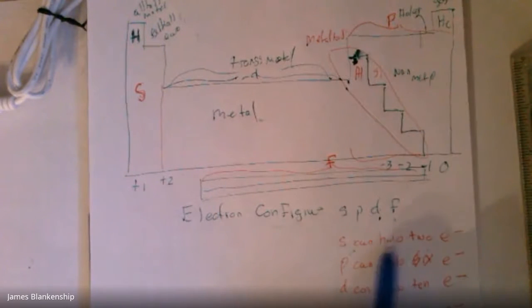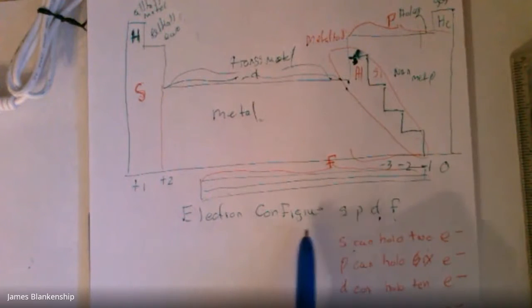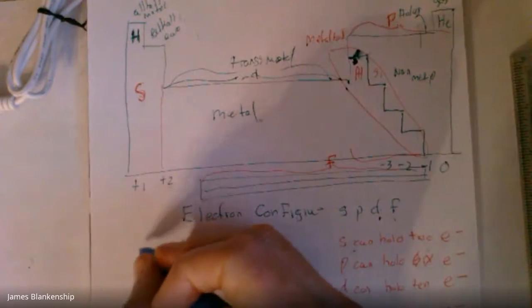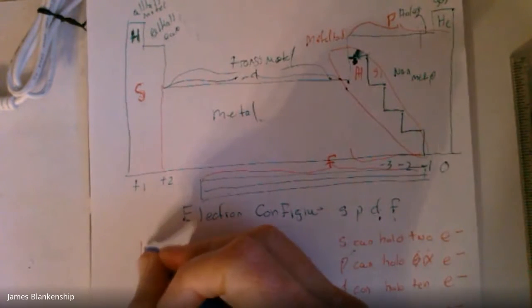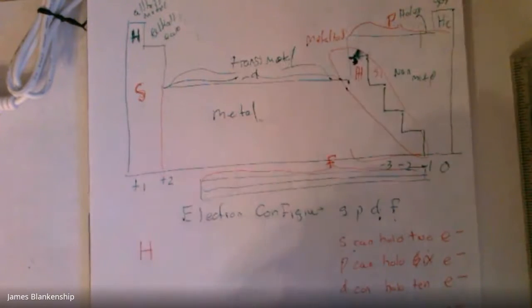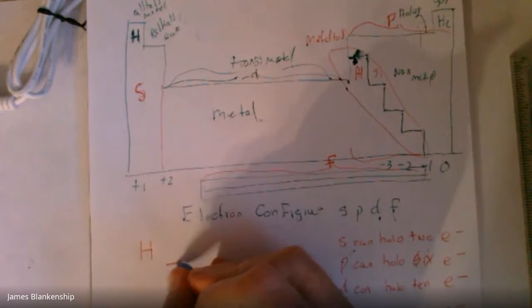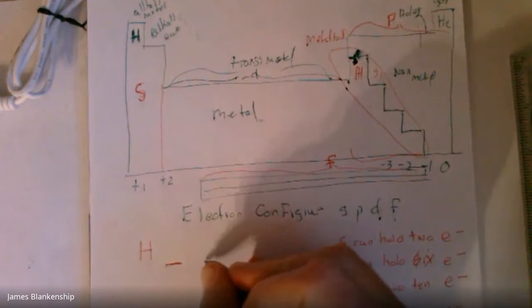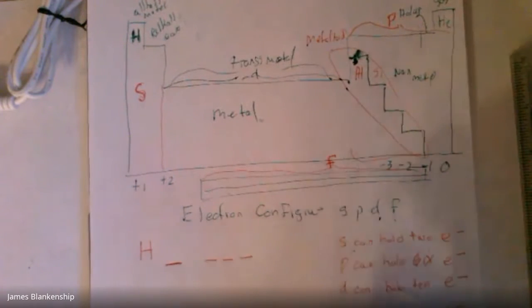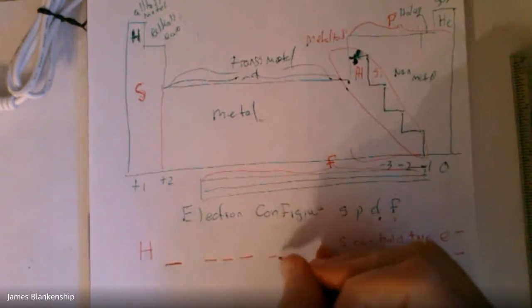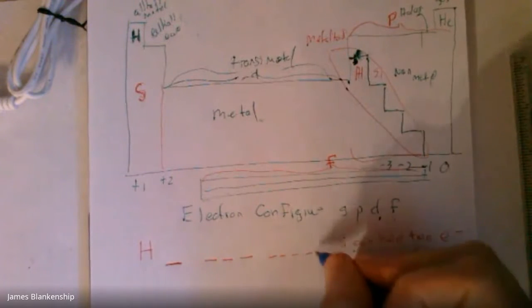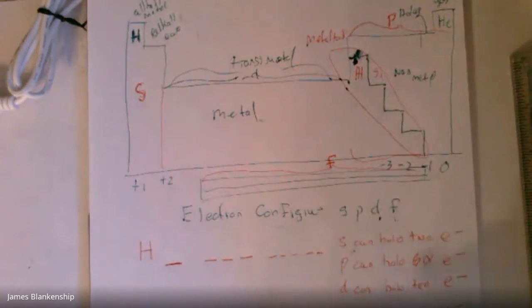So if you were to write an electron configuration, say for hydrogen, we would write hydrogen here. You could say H, and then you could have an S. You could have a series of P. You could even have 5 Ds. And you could get into 7 Fs.